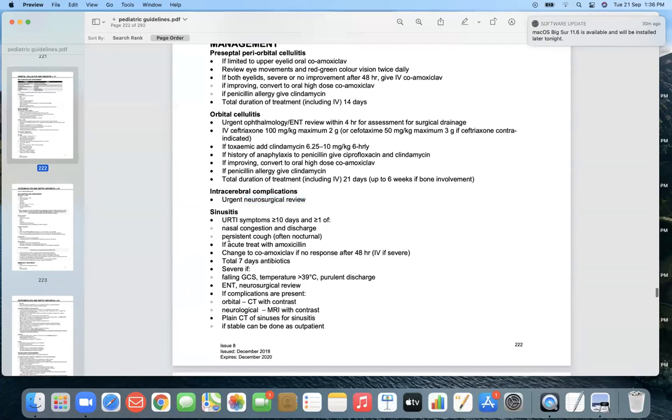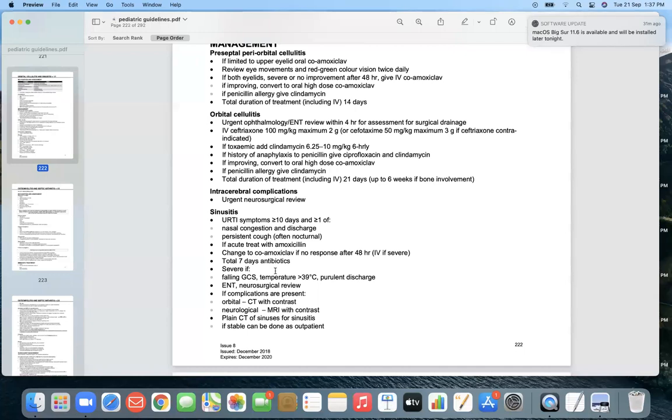Sinusitis: URTI symptoms for more than 10 days, or more than one of nasal congestion and discharge, persistent cough often nocturnal. If acute, treatment with amoxicillin, change to co-amoxiclav if no response after 48 hours, IV if severe.